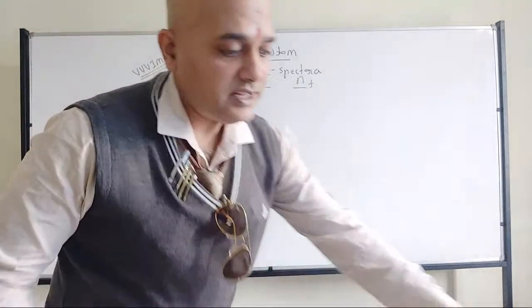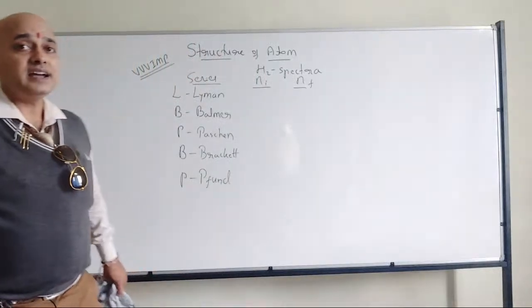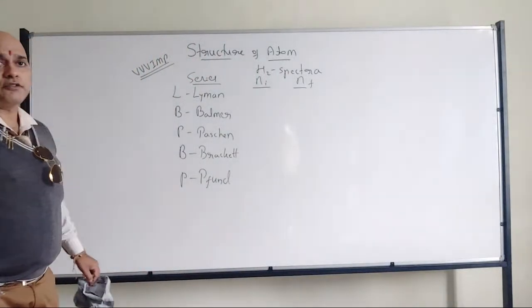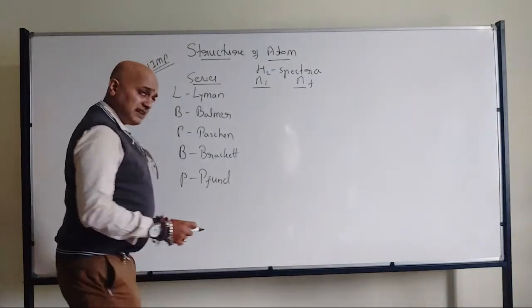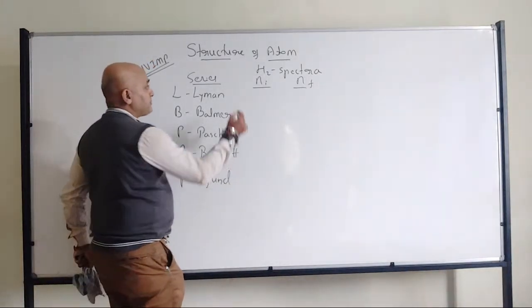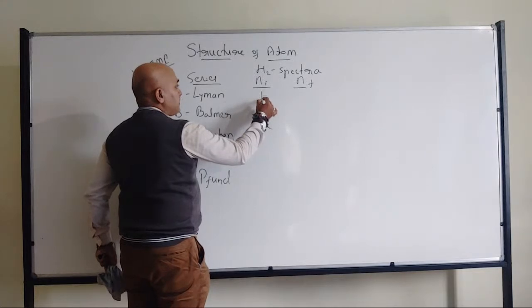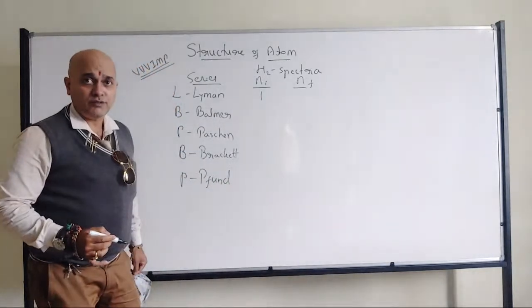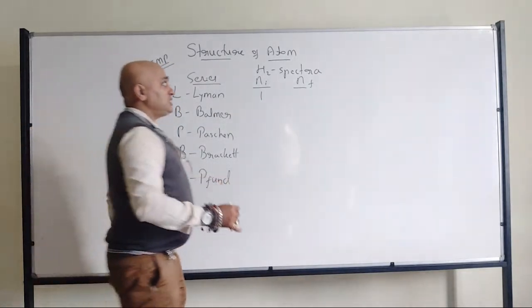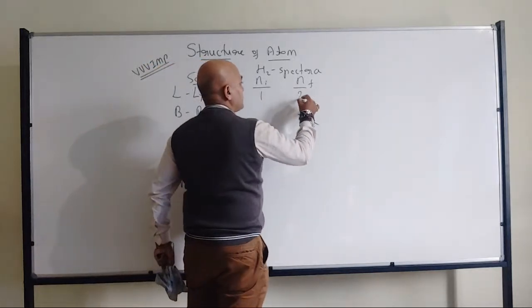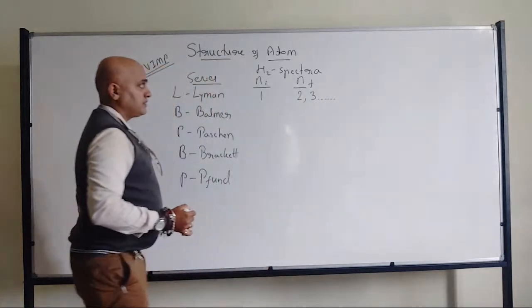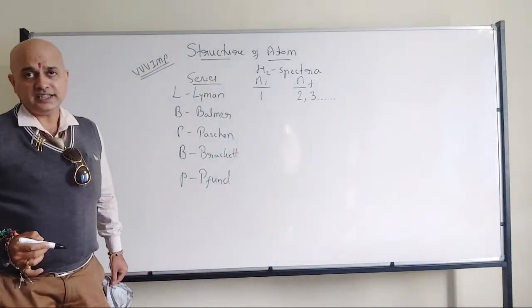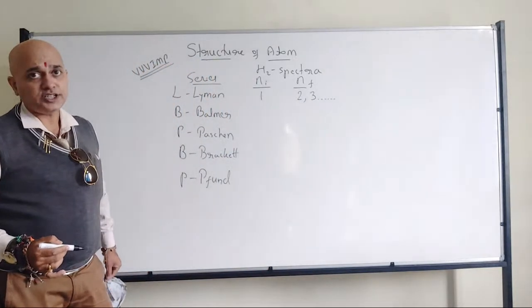Now when it comes to the Lyman series, I will explain it once again, don't worry. The ni value can be 1, that means energy level 1. Then the final energy level will be either 2 or 3, or it can be anything.